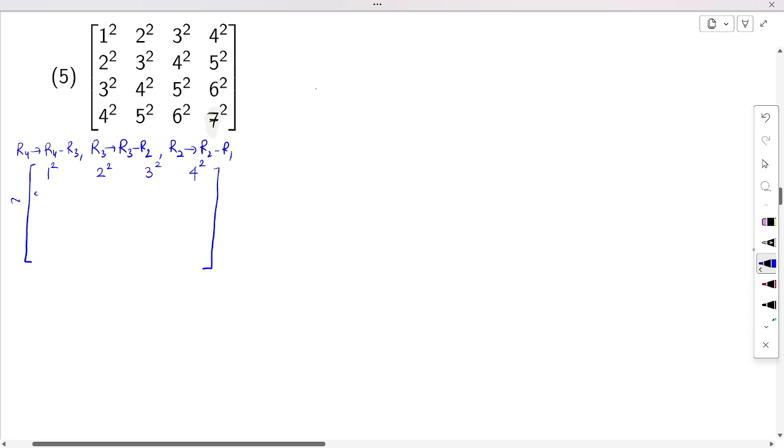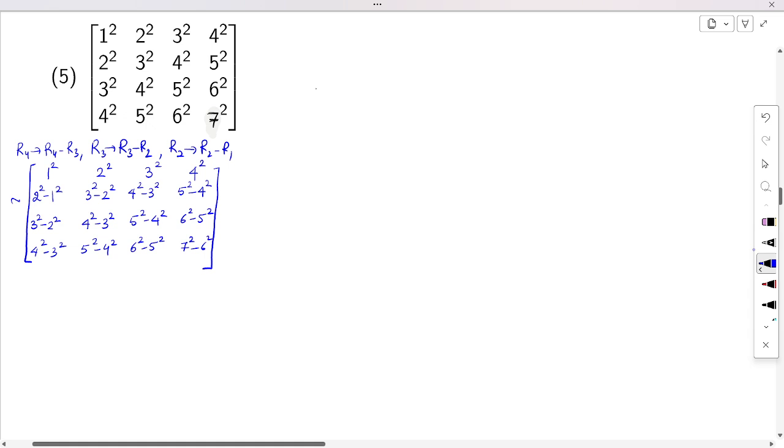This is 2 square minus 1 square, 3 square minus 2 square, 4 square minus 3 square, 5 square minus 4 square, 3 square minus 2 square, 4 square minus 3 square, 5 square minus 4 square, 6 square minus 5 square, 4 square minus 3 square, 5 square minus 4 square, 6 square minus 5 square, and 7 square minus 6 square.